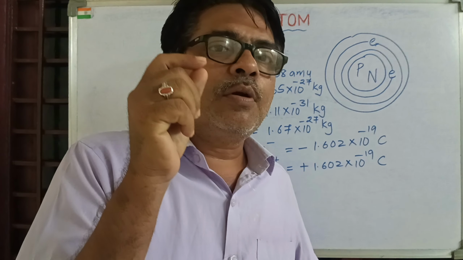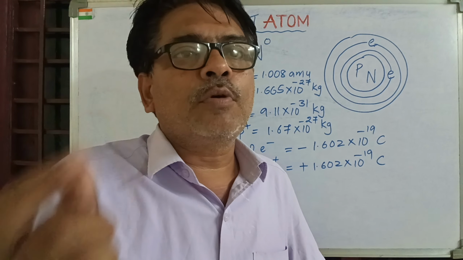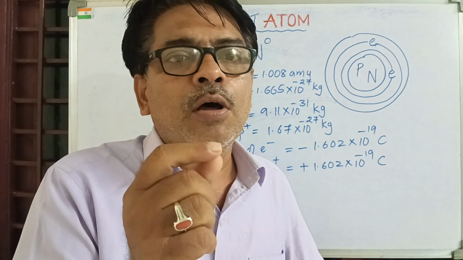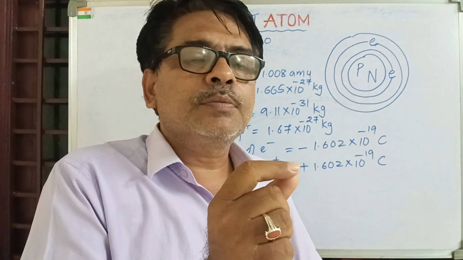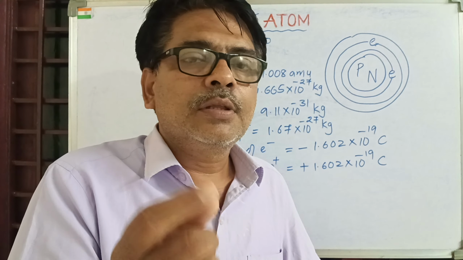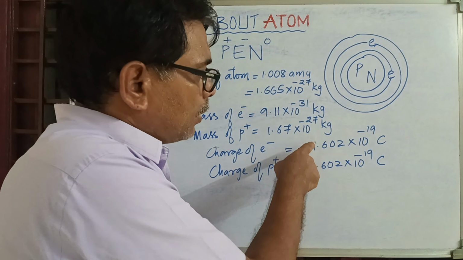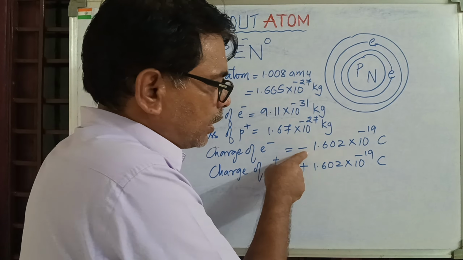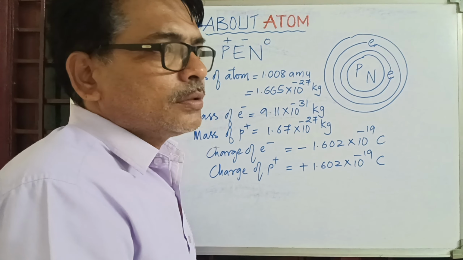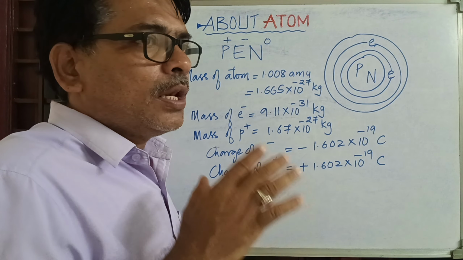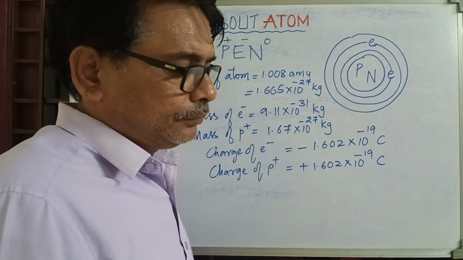Atomic number means the number of electrons or the number of protons. Why are we using the word or? Because they remain the same. If there are 6 electrons, protons also will be 6. That means the electron charge is this one into 6, the proton charge is this one into 6. So the atom is always electrically neutral.